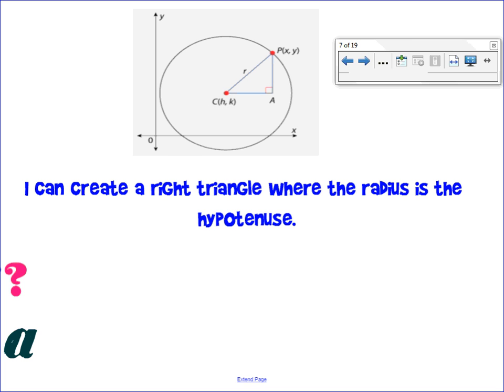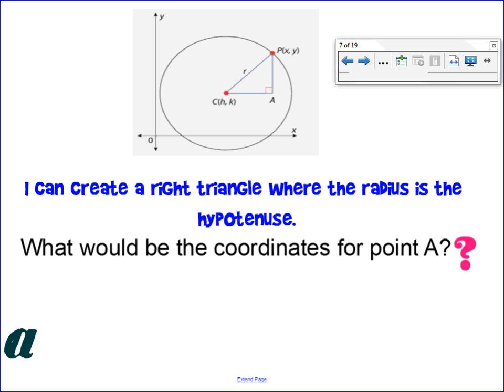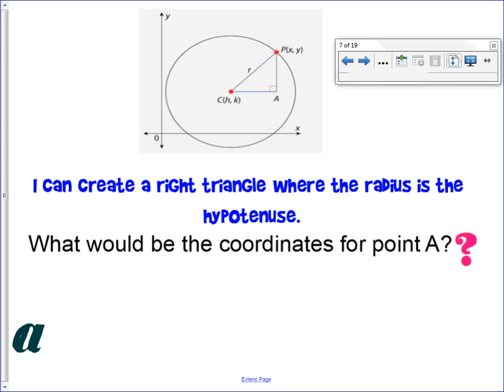Alright, so I can create a right triangle like how I did there. Okay? So what would be my coordinates for point A if they told me that P was (x, y) and C was (h, k)? What would be my coordinates for point A on that triangle?